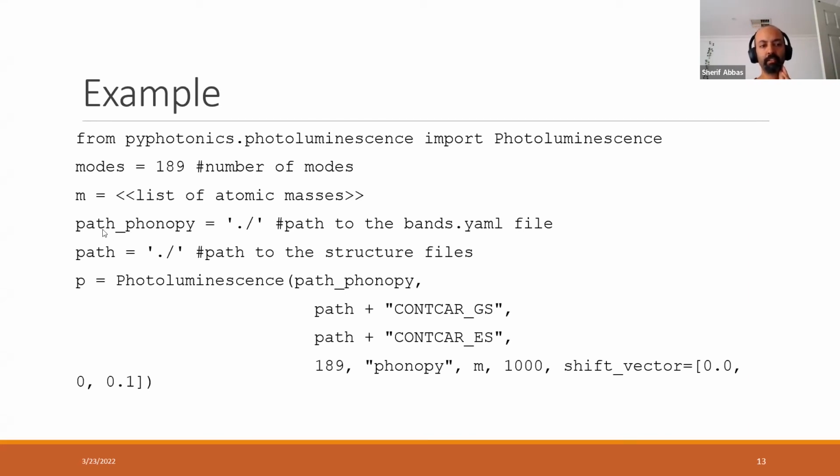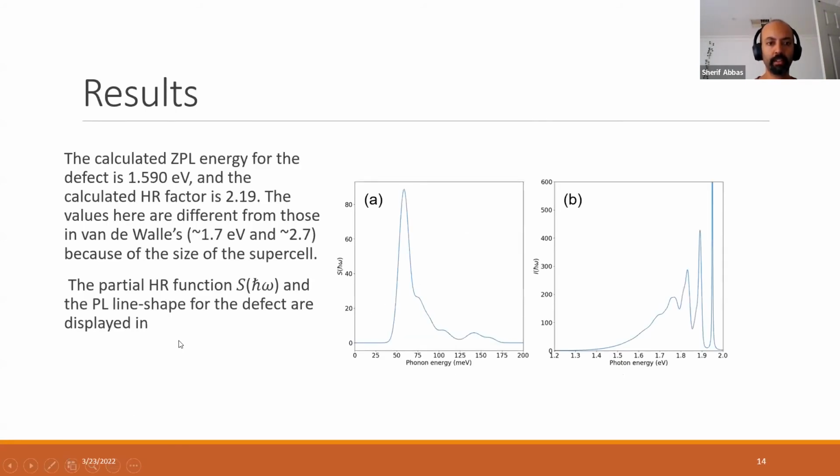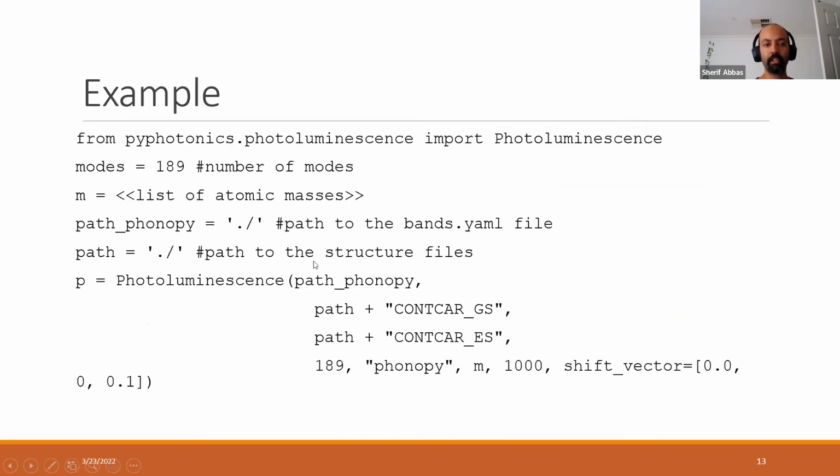You identify the path for phonopy, the phonopy bands.yml file, and the path for the structure files, the QUANTCARs, for the ground state and excited state, and then create a new photoluminescence object, and that object is going to be doing all the calculations for you, and then you can use it to produce your figures. Okay, so before I move on, that's the result of this code.